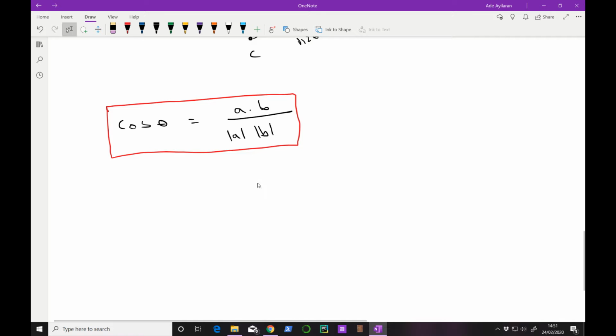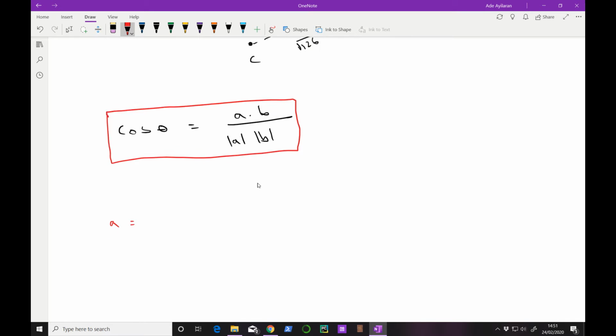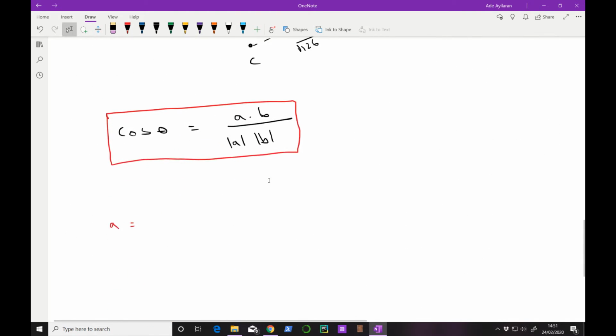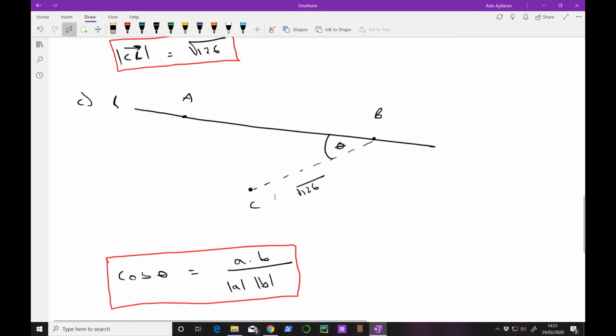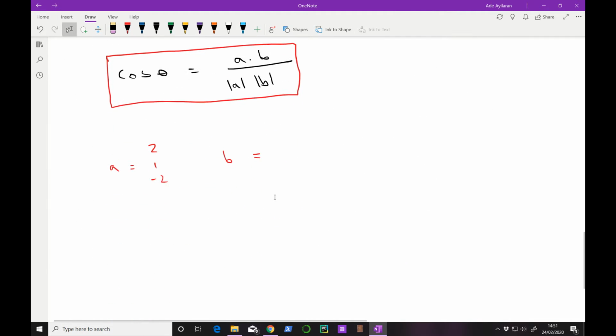Okay? So my A is going to be 2, 1, minus 2, and my B in this case, which is actually the vector CB, is going to be 1, 5, minus 10.